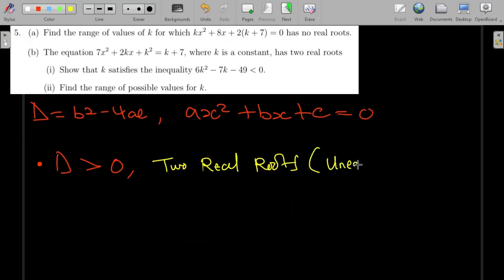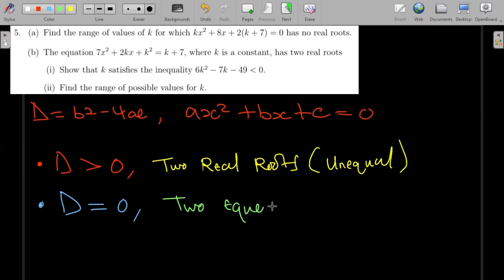Unequal, meaning one can be 2, the other one can be 3, like the way we found there. And when the discriminant is equal to 0, we are going to say this quadratic equation has one, or we can say two equal real roots.